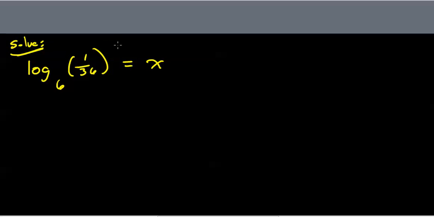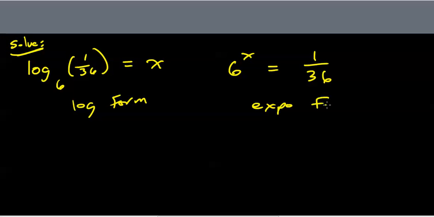If the log of 1/36 base 6 is x, that means x is the exponent we put on 6 to get 1/36. In other words, this is in log form, and this statement is in exponential form. What exponent do I put on 6 to get 1/36?